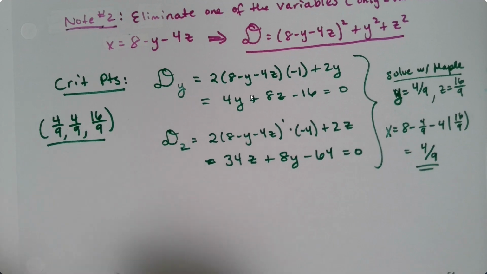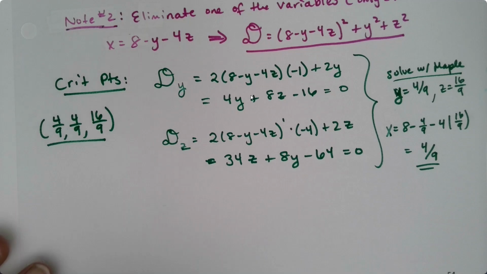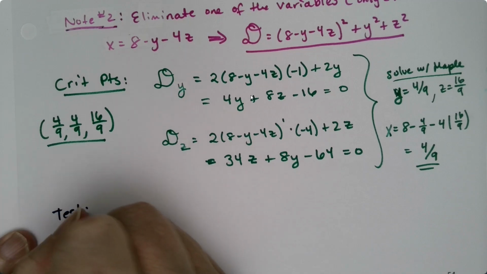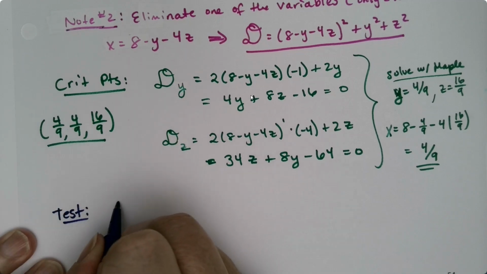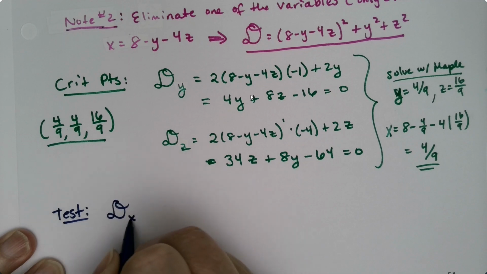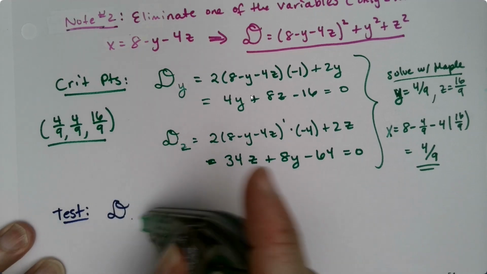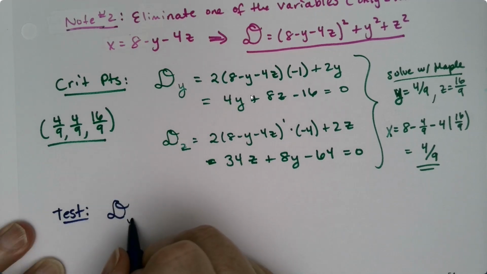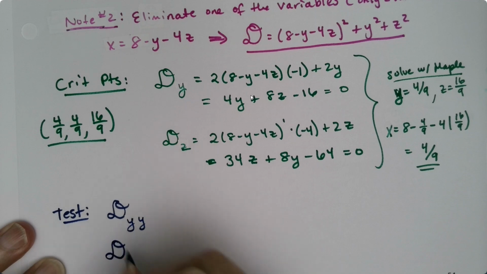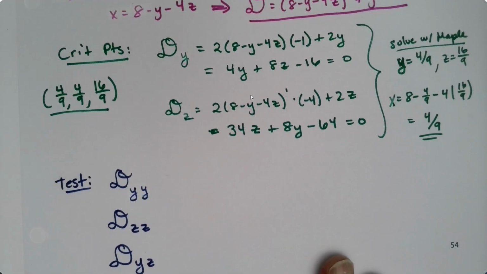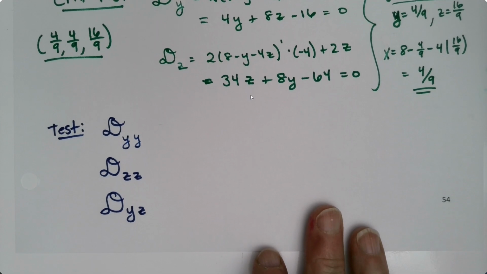Okay, so let's run the test. To do the test, we're going to need d yy, I keep doing xx, but we don't have x in this one. I gotta stop doing that. All right, d yy, d zz, and d yz, because those are the only variables we have. And of course, you can only have two variables.